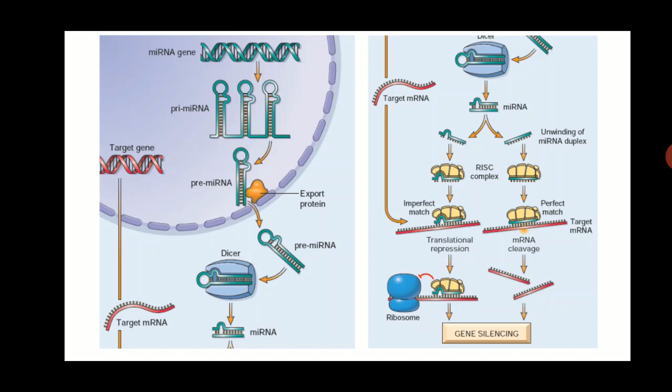This imperfect match leads to suppression or repression of translation and hence there is no protein production of the mRNA, whereas the other end, which forms a perfect match with the target mRNA, leads to cleavage of the mRNA, again leading to the same result, that is no production of protein from the target mRNA, and hence there is gene silencing. Gene silencing means that there is a gene for a protein but no protein is being produced at the ribosomal level.